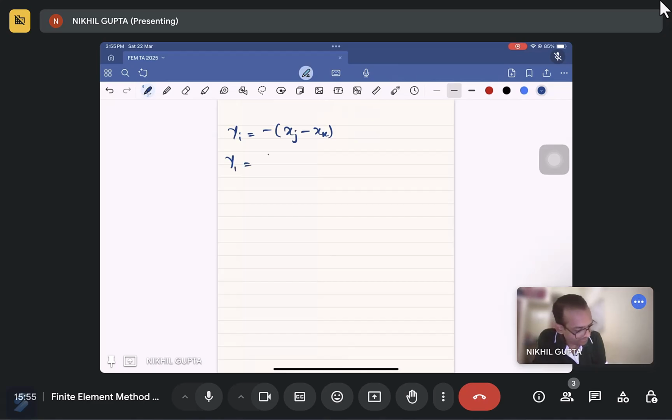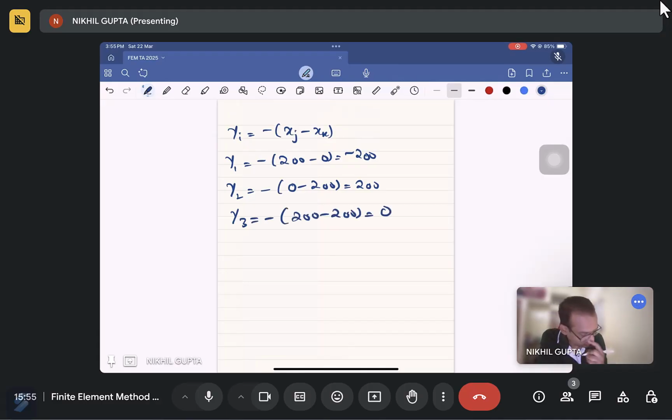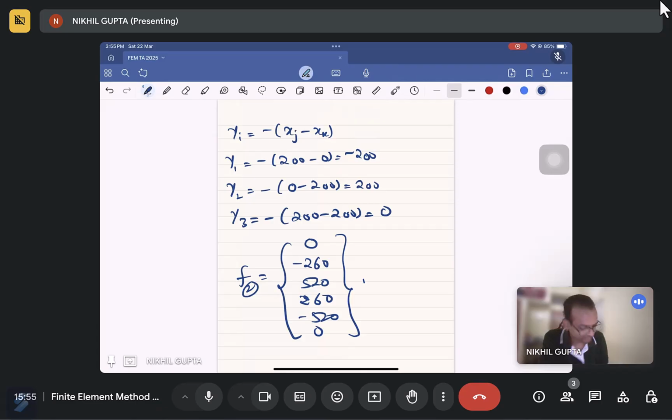Gamma 1 will be minus 200 minus 0, so it is minus 200. Gamma 2 is equal to minus of 0 minus 200, so it will be 200. Gamma 3 will be minus of 200 minus 200, so it's 0. So we'll put the values in the vector of element 2. You'll get 0, minus 260, 520, 260, minus 520 and 0 Newton. So the answer is D.